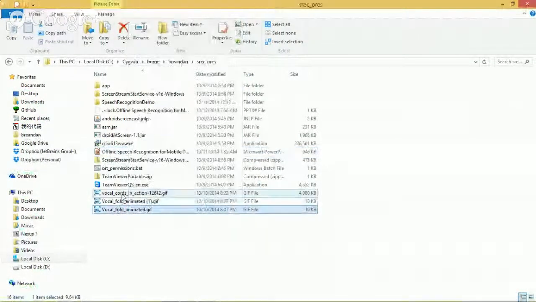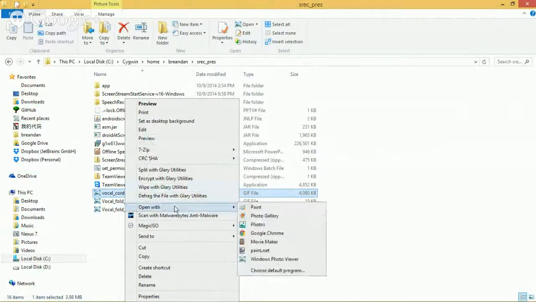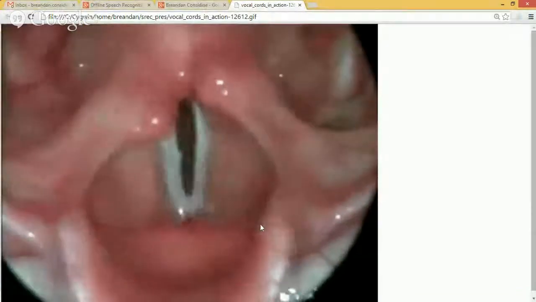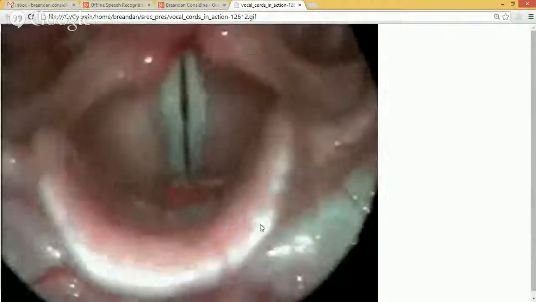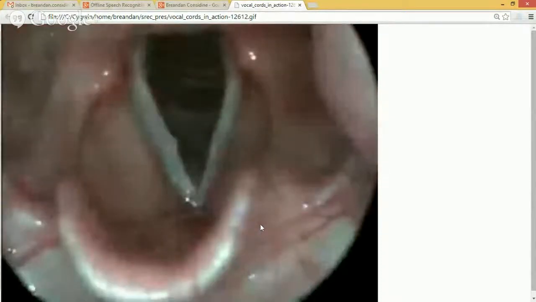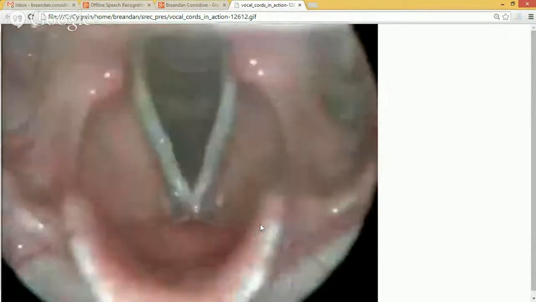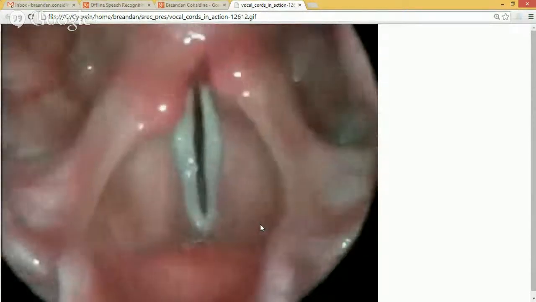These folds will contract. There's a little muscle that contracts them and makes them become more taut and looser. When you're speaking, the air comes out here, and you're seeing a sort of stroboscopic effect, rapidly opening and closing to generate the words you hear right now.